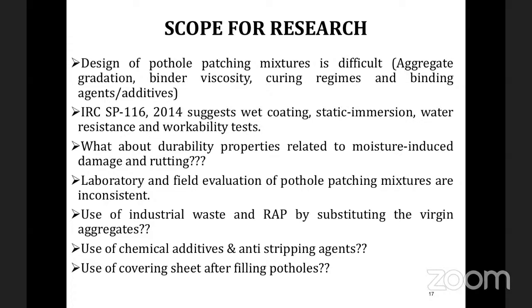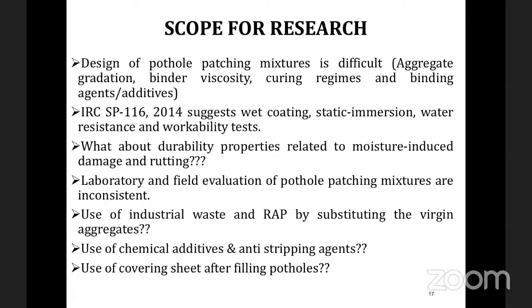Kandal sir has done some research on steel slag and told that it can be used as a fine aggregate. Usually the pothole patching mixture gradation starts from 4.75 mm, that is fine aggregates only. The gradation goes 4.75, 2.36, like that, till 75 micron. So Kandal sir has told that steel slag can be used as a replacement for fine aggregate. So you can work on industrial waste like steel slag and RAP.